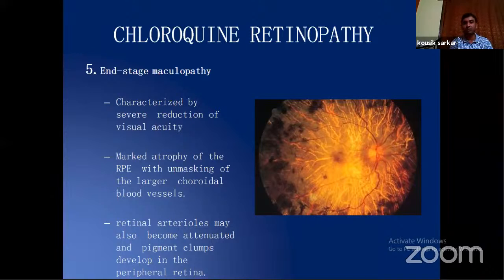Here there are clumps of pigment in the periphery as well as the mid-peripheral region. It is characterized by severe reduction of visual acuity, and marked atrophy of RPE with unmasking of larger choroidal vessels usually occurs. As in retinitis pigmentosa, retinal arterioles may be attenuated and pigment clumps develop in the peripheral and mid-peripheral retina.